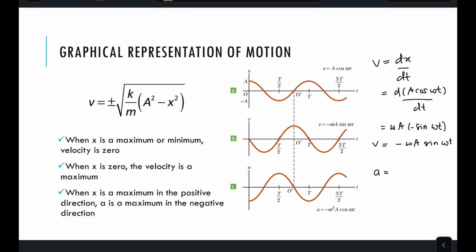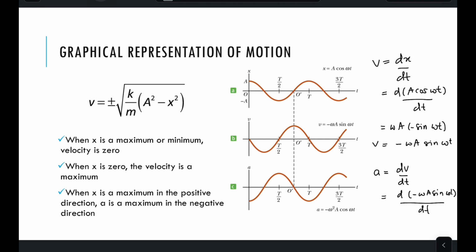And then for a, it's actually dv over dt. So we are going to differentiate v, negative omega A sine omega t, with respect to t. Differentiation of the sine function will give us a positive cos.